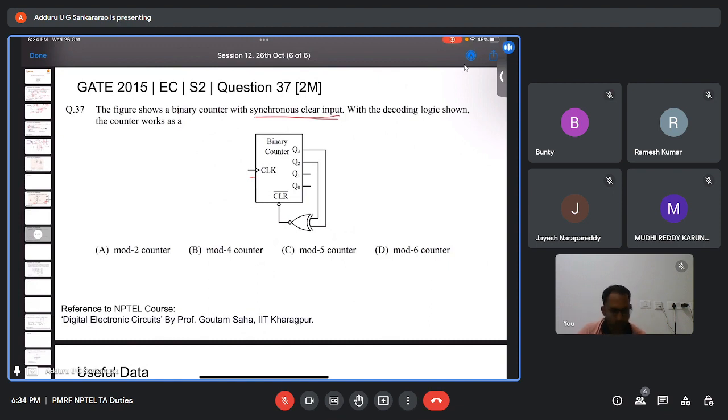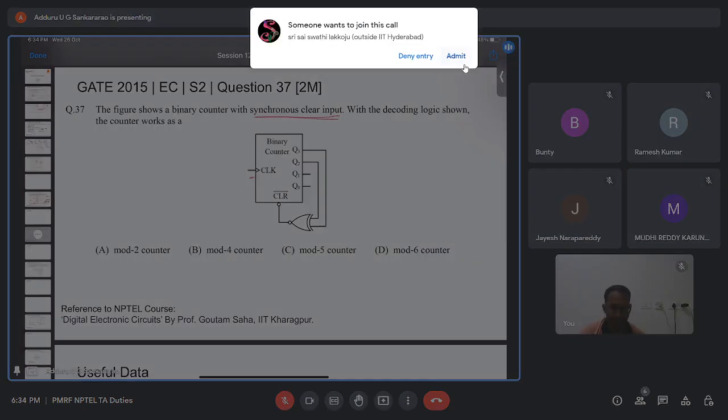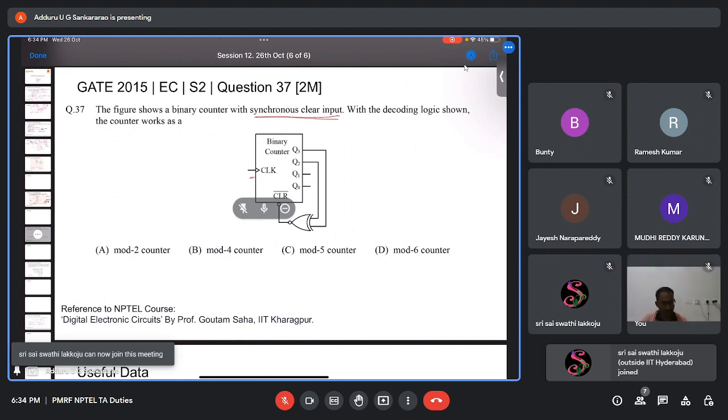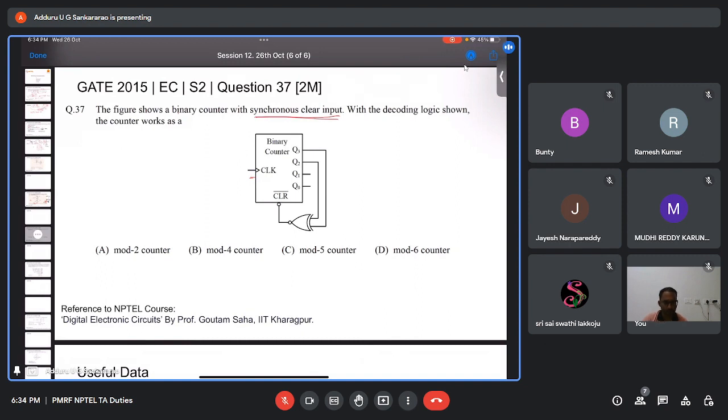So the counter normally counts, but here you see we are giving an extra XOR gate. For the XOR gate, the inputs are Q0 to Q3. What happens to a flip-flop when it is connected to the synchronous clear input? When you activate the clear input, all the flip-flop outputs will be reset.